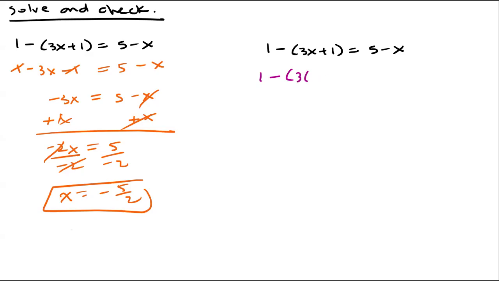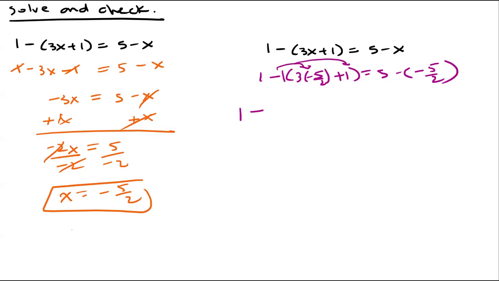Sorry, I meant 3 times negative 5 over 2 plus 1 equals 5 minus negative 5 over 2. Okay, so we have 1 minus, well, we have to have a negative there, so to distribute each one in each term.